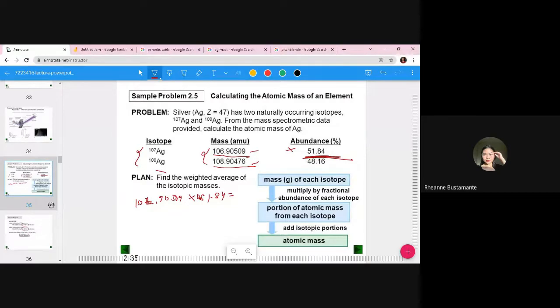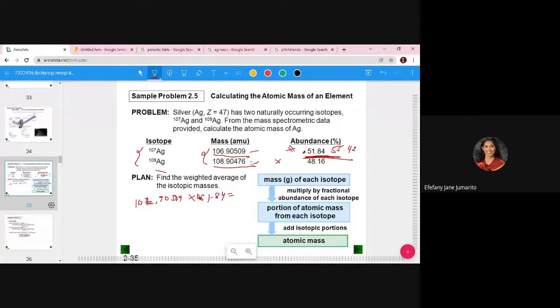5,541.99 times 5.0 gives 0.5184, so that is 55.42. Then what about this one? Silver 109.